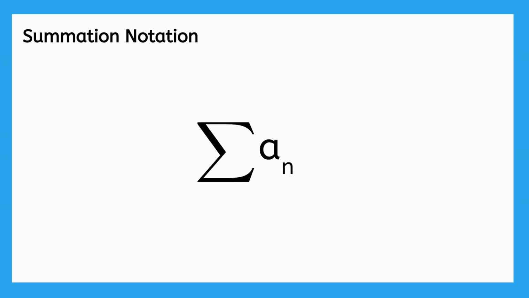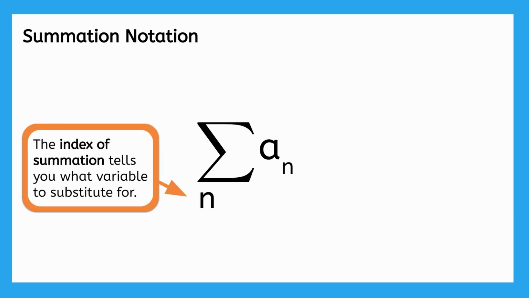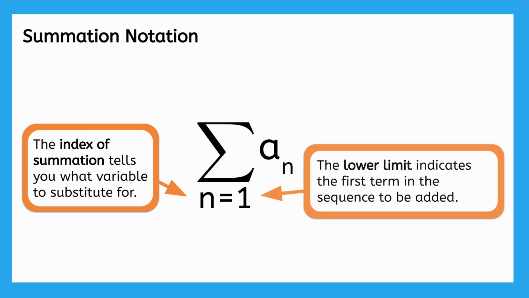To complete our summation notation, we need a few more pieces of information. A variable below the sigma symbol, the index of summation, tells you which variable to substitute for, because some sequences have more than one variable. The index of summation will be set equal to a number known as the lower limit, which indicates the first term in the sequence to be added, because a sum doesn't always start with the first term in its sequence.